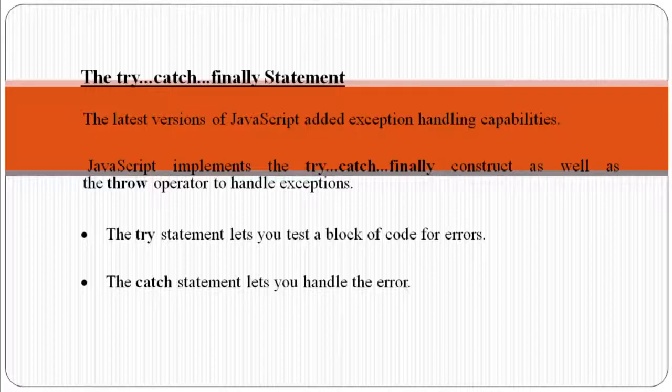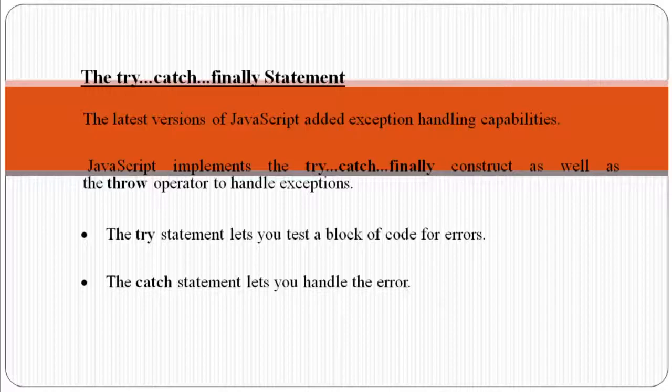If you read the previous program, C = A / B, I am dividing an integer by 0. Now I will get an error if I place B as 0 in this particular code. That block of code is tested for errors by the try statement.